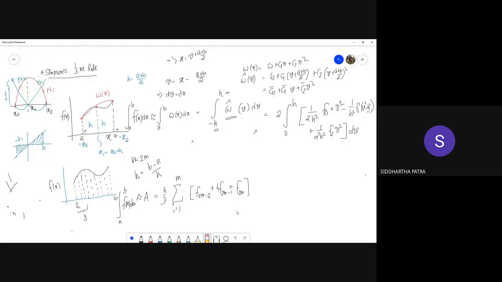But this can further be simplified to h by 3 times f0 plus fn plus summation over i equals 1 to n minus 1.